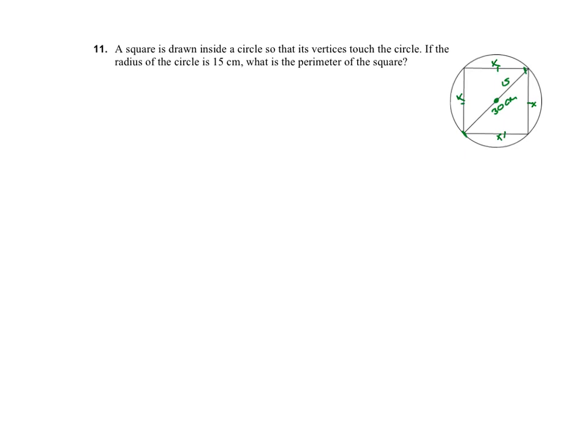I know that this angle is a right angle, and I also know that the diagonals of a square bisect opposite angles, so those are 45. So I have that x squared plus x squared equals 30 squared.